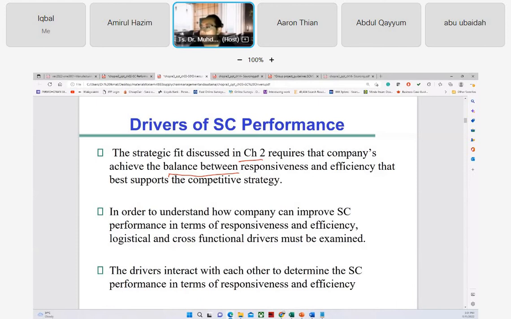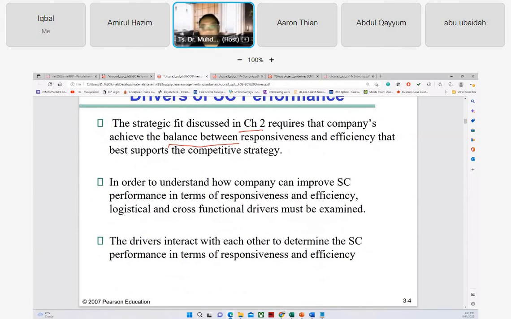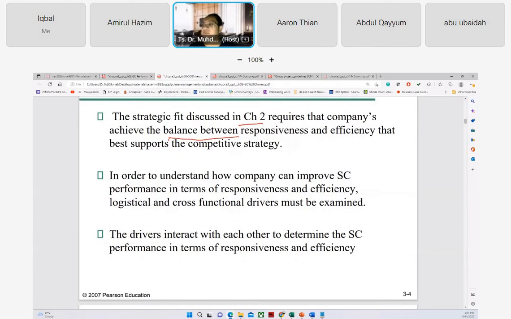In order to understand how a company can improve supply chain performance in terms of responsiveness and efficiency, logistical and cross-functional drivers must be examined. You have to understand. To go to the improve zone, you have to know your problem statement.